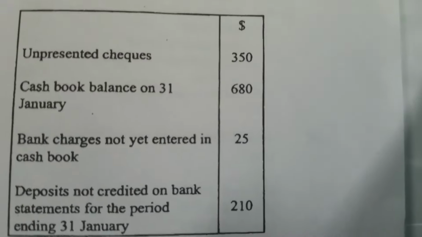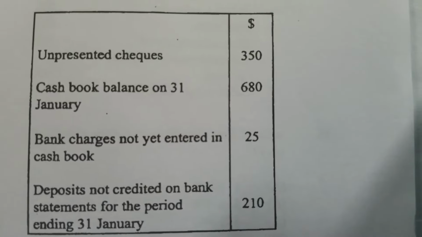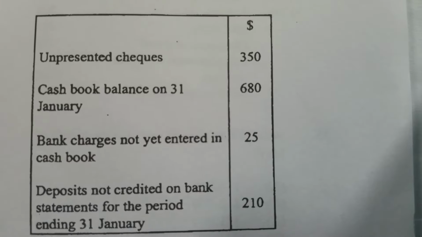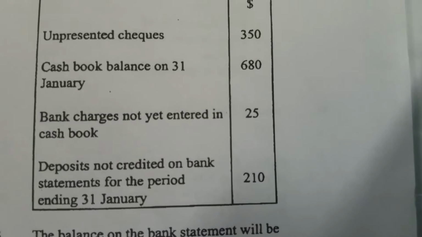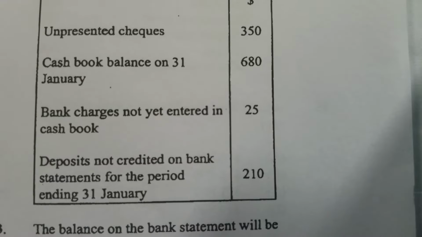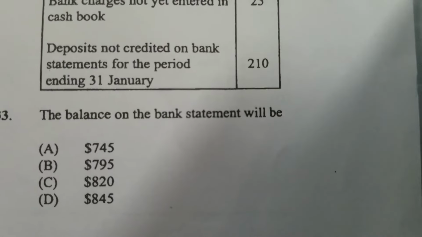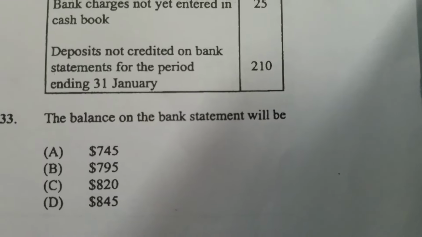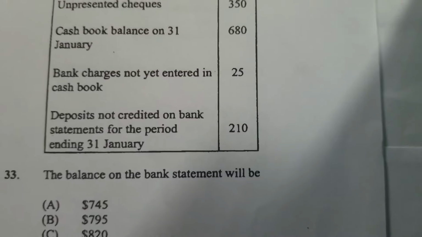They showed us here the unpresented check, cash book balance on the 30th of January, bank charges not yet entered in the cash book, and deposit not credited on the bank statement for the period ending the 31st of January. Let's see what they ask of us. The balance on the bank statement will be, so we're asked to find the balance on the bank statement.